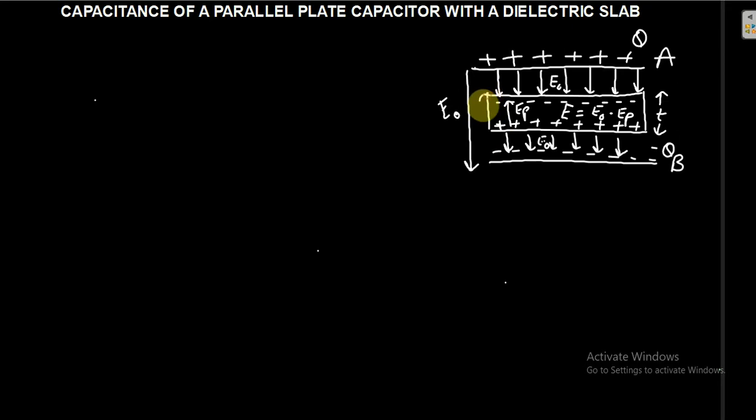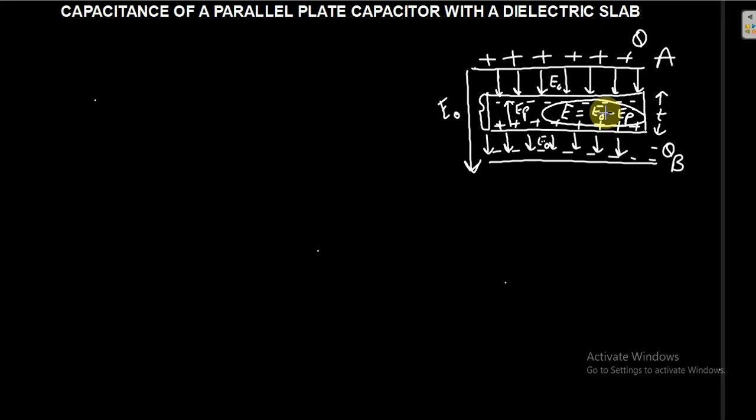The net field inside this region is E0 minus EP, because both directions are opposite: this side E0 and this side EP. So the net field direction will be toward this side, because this vector E0 is greater than the smaller EP vector. So this is your net field inside the dielectric.